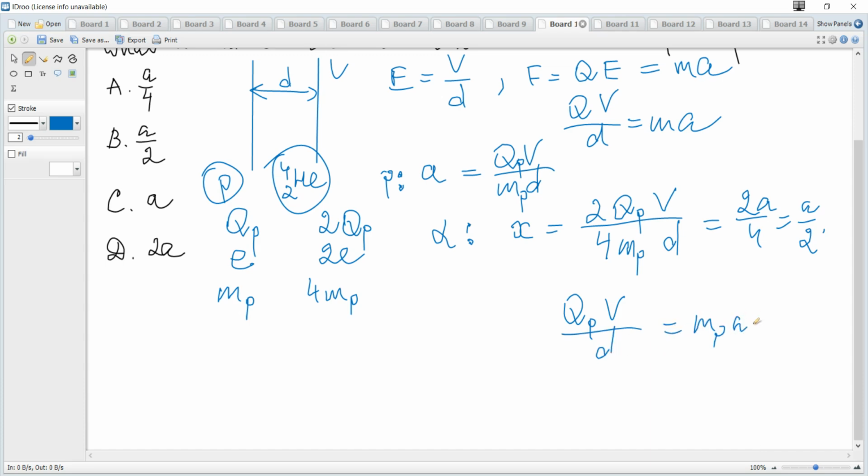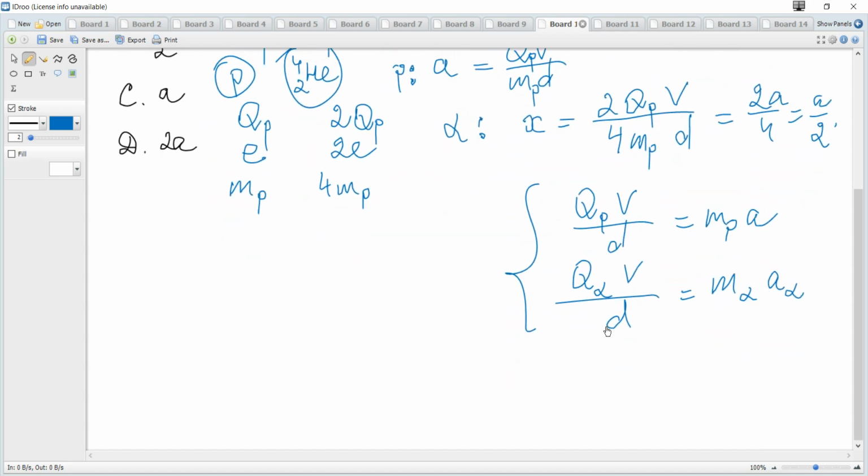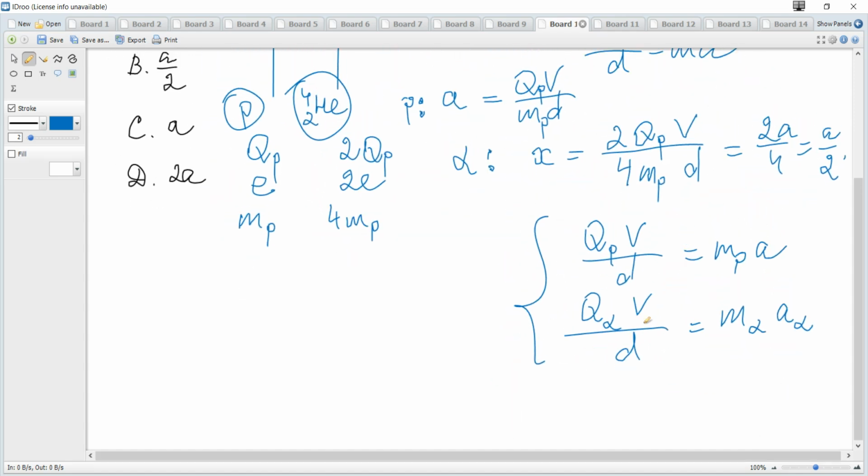Or you may do simultaneous equations, write this general equation for the proton, mass of proton, acceleration a, and the same for the alpha, q alpha V over d, with the mass of alpha and the unknown acceleration of the alpha particle, and then just divide both sides.